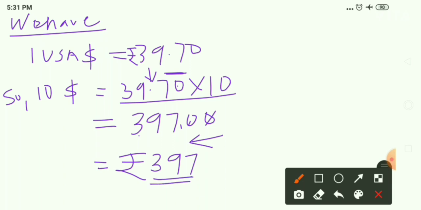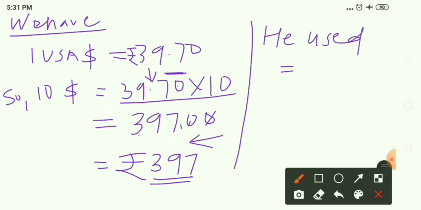Now, how many rupees did he use for his school trip? 350 rupees. So we can now write money left. How much money is left with him?